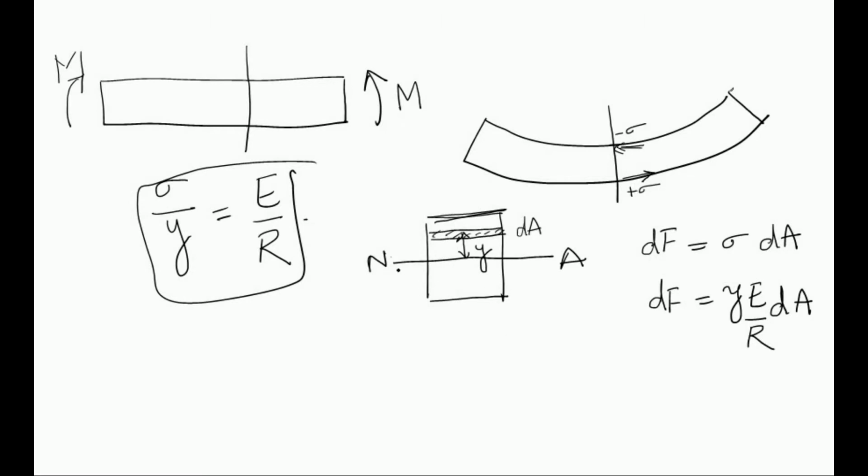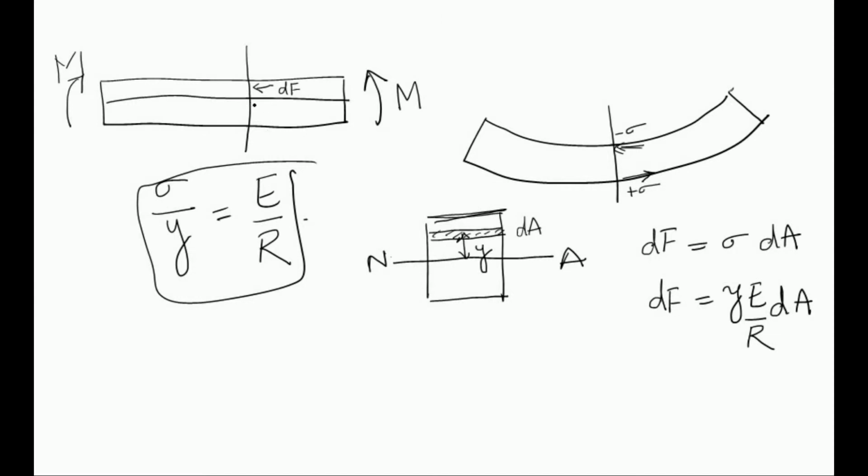So if this is the force on this area, which is at a distance of y from the neutral axis, the moment about the neutral axis. So now this is the neutral axis. This is the force dF that we computed, right? This force is acting compressive, right?